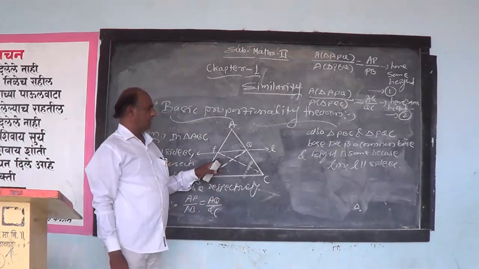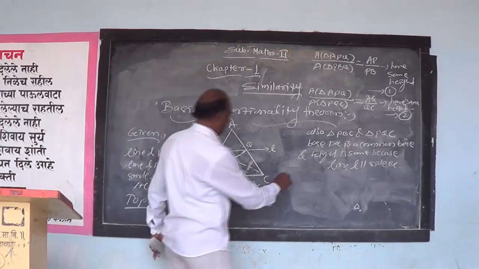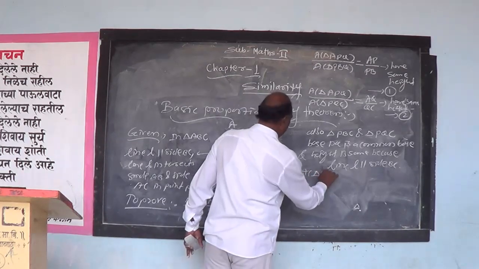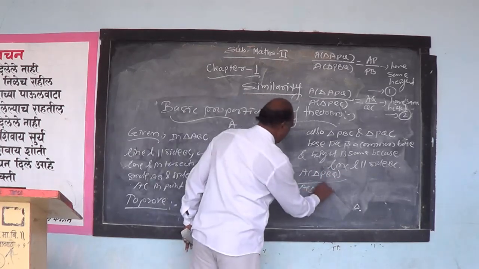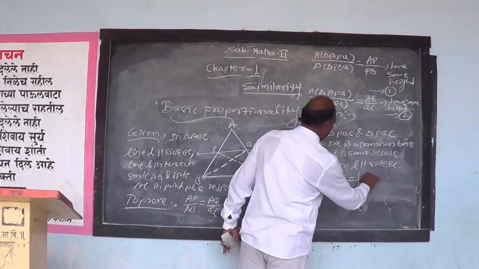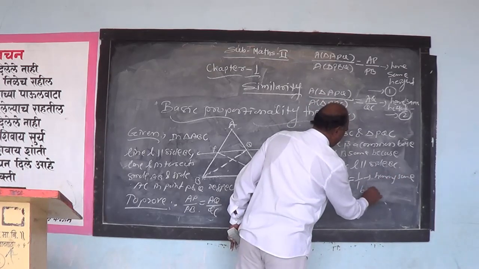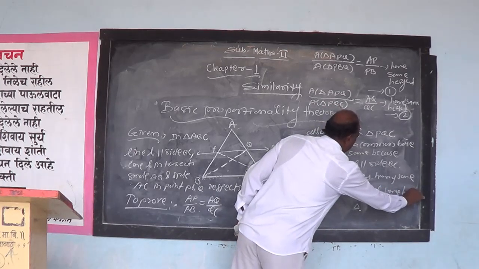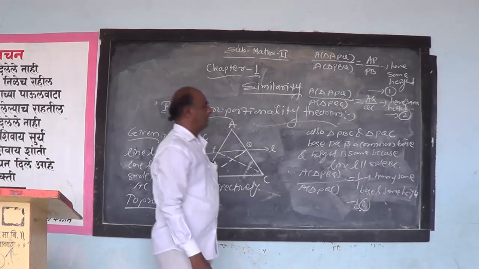So the ratio of the areas of these two triangles is equal to 1. Therefore, we get area of triangle PBQ upon area of triangle PQC is equal to 1 upon 1, having the same base and same height. And this is equation number 3.